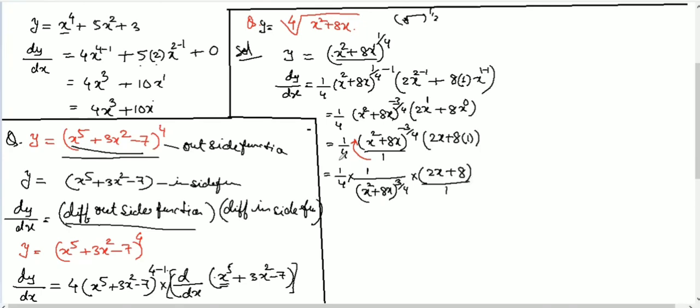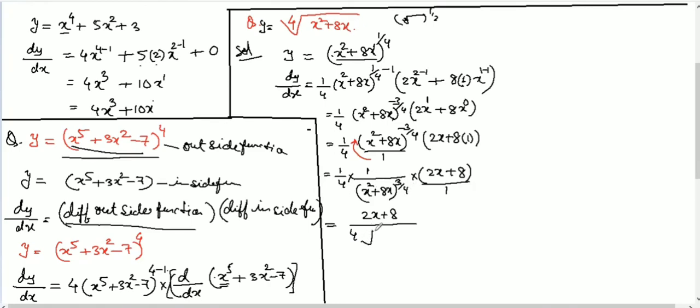Now you have fraction multiplied by fraction multiplied by fraction. So top will be 1 multiplied by 1 multiplied by 2x plus 8. So this will be 2x plus 8, now over 4. Now here you can see 3 over 4. This 4 write down in root form.